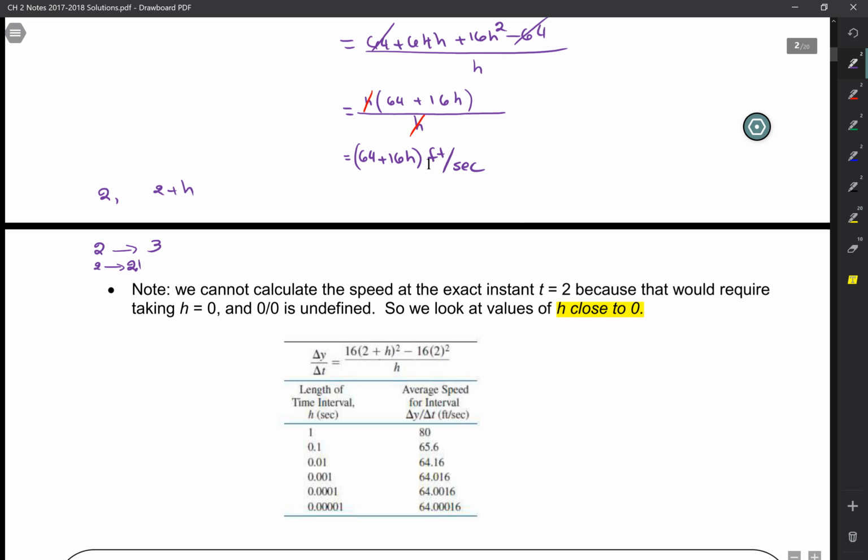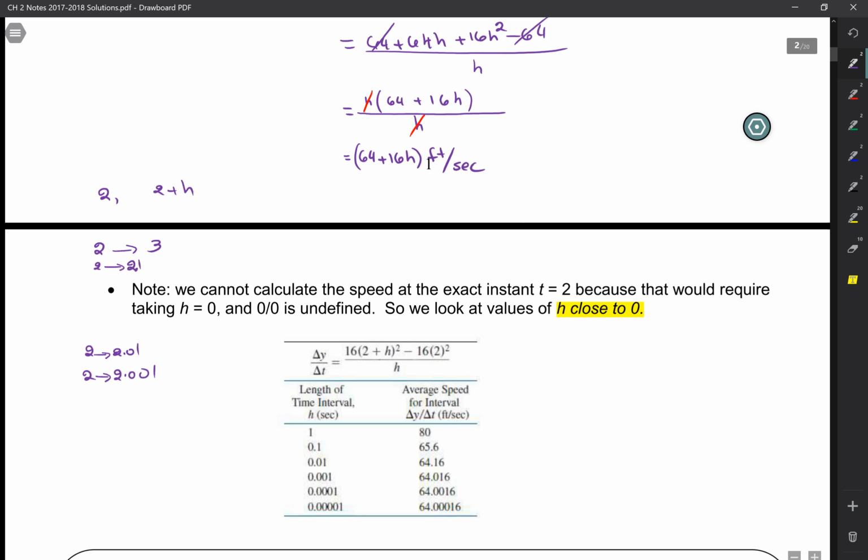So if I were to find the average speed between 2 and 2.1 seconds, isn't that pretty much like finding the speed at t equals 2? What if I were to find the average speed between 2 and 2.01? That's pretty much like finding the speed at 2. I can make it even closer, between 2 and 2.001.